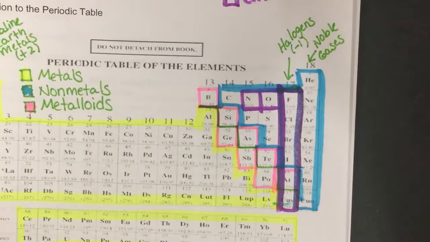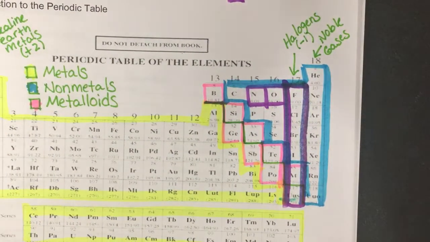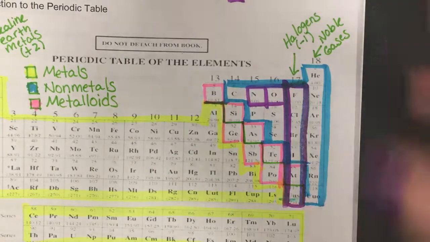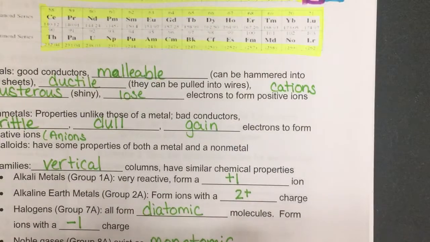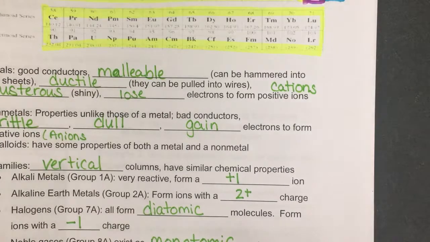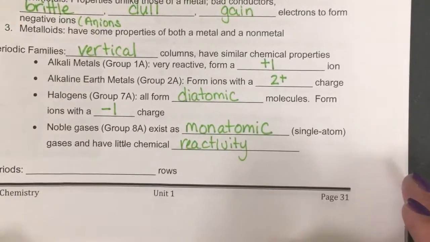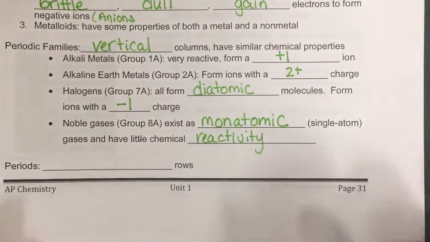They don't partner up with anybody. They're actually very non-reactive. They don't like to form ions. They don't like to do anything really, okay? So my noble gases have very little chemical reactivity. They can react, but they don't want to, okay?